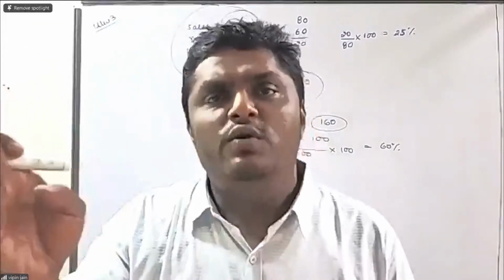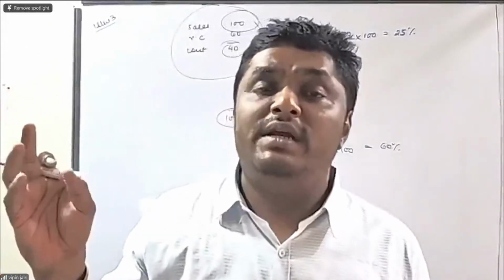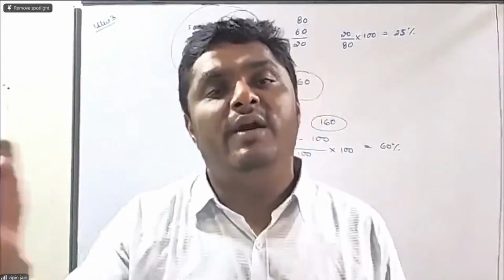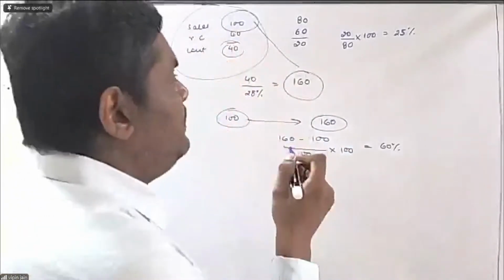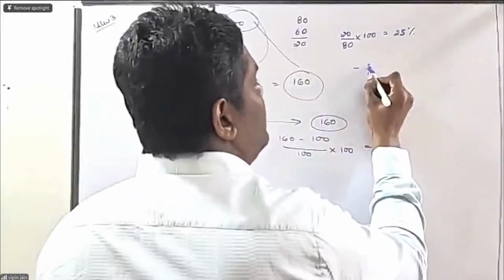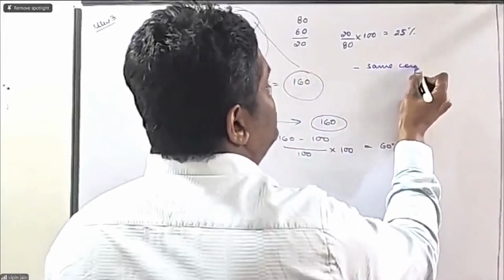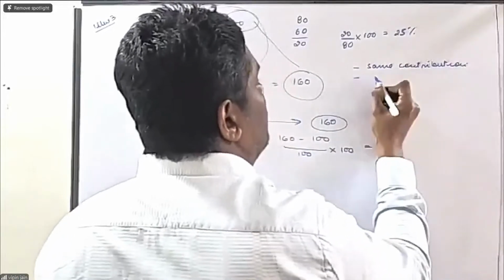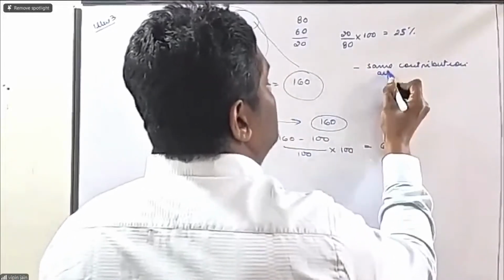Now, if we reduce the selling price by 20% and if we want to earn the same amount of contribution, kitna sales badhana padega? First thing, what we want: same contribution at reduced price.